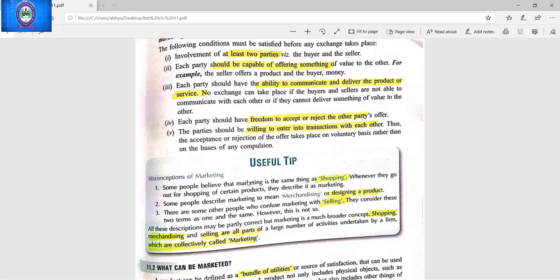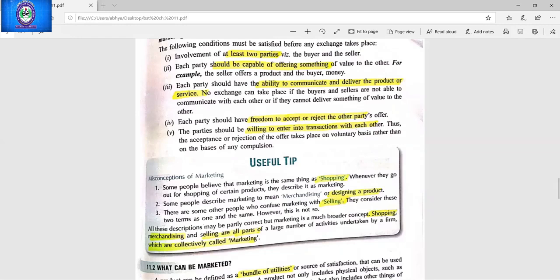Both must be willing. A seller cannot force the buyer to buy the product, or a buyer cannot force the seller to sell the product. Both are free. The decision will be on a voluntary basis rather than on the basis of any compulsion.